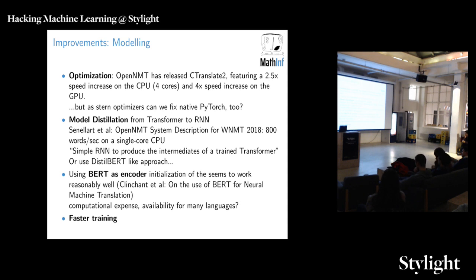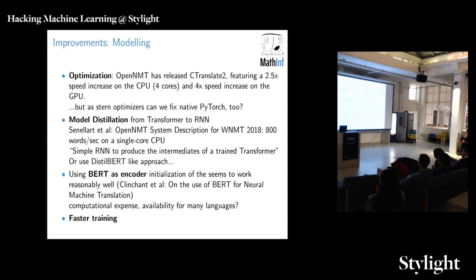There also are some thoughts on using BERT as an encoder, because everybody uses BERT these days. There are some reports of what doesn't work, and also some people say that if we initialize the encoder part of our model using BERT, then we get better results.